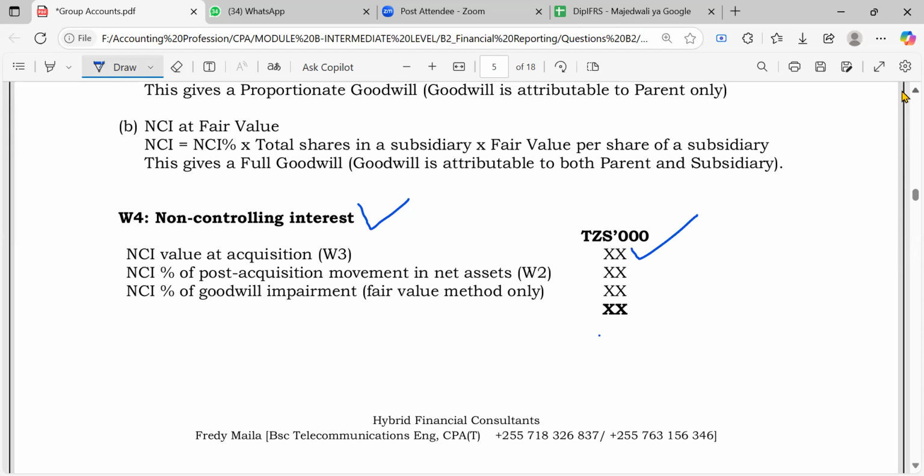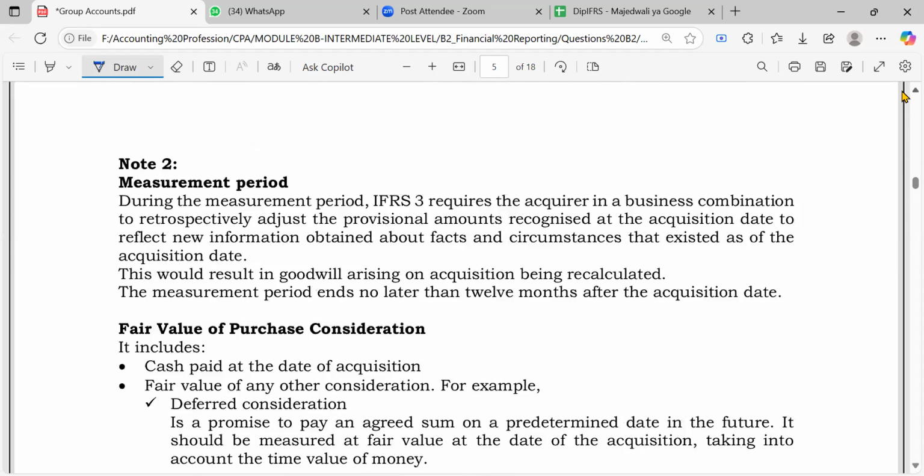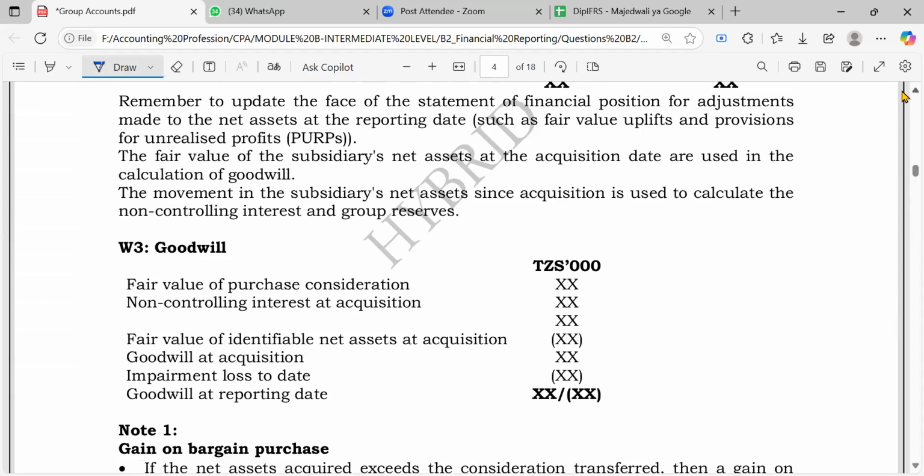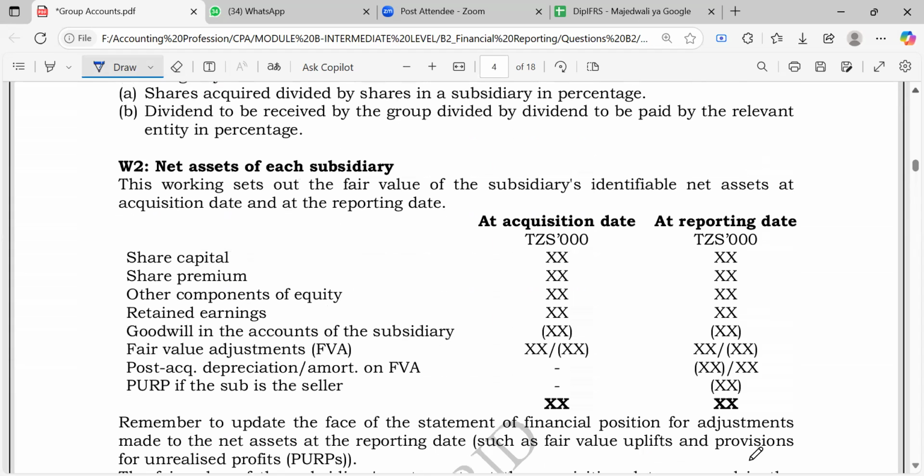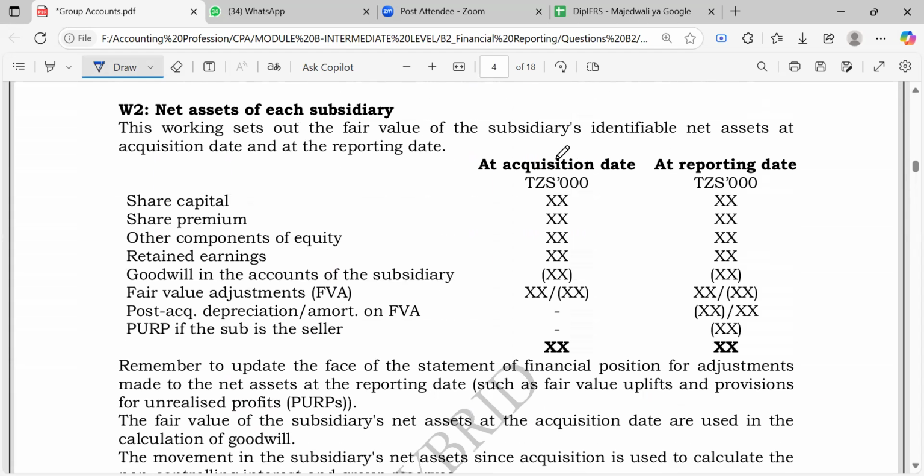Then NCI of post-acquisition movement in net assets. Let me explain a bit here. After dealing with working two, you have the net assets at acquisition, like you got for computation of goodwill, but also you have the net assets at the reporting date. When you take the difference between these two, you get the difference, and that difference is now broken down.